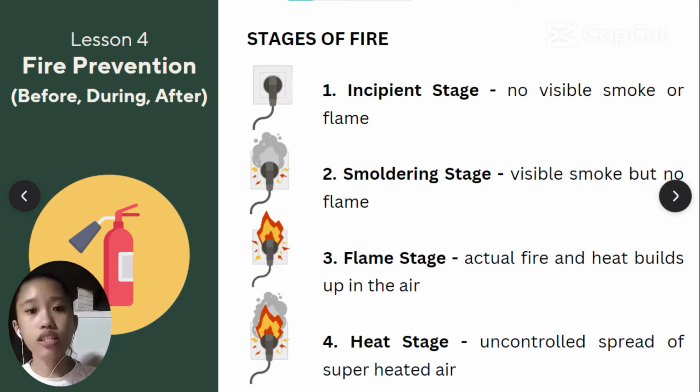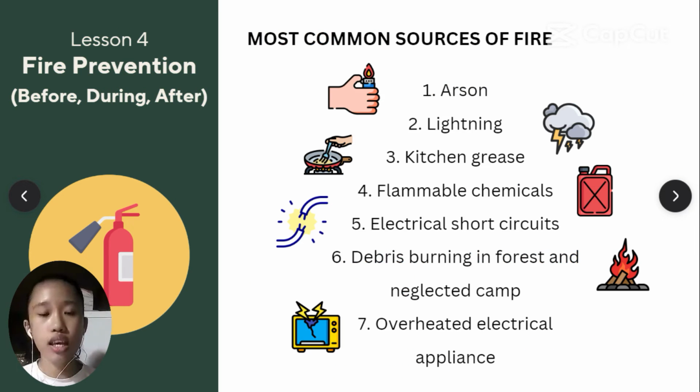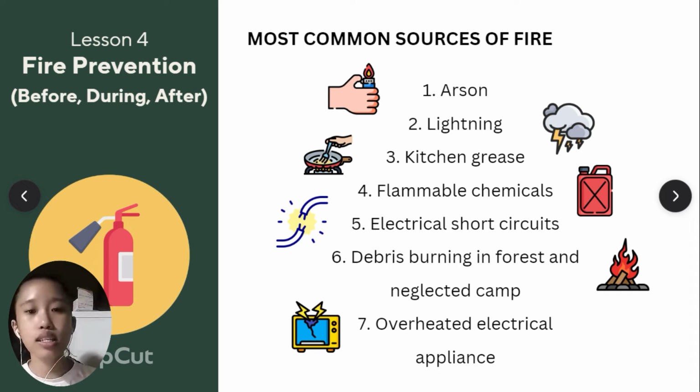Then the third stage, the flame stage, actual fire occurs and can still be controlled by a fire extinguisher. And lastly, the heat stage. It is the uncontrolled one, a fully developed stage of fire, and it is the hottest and most dangerous stage of fire.